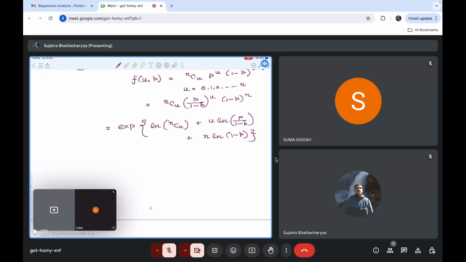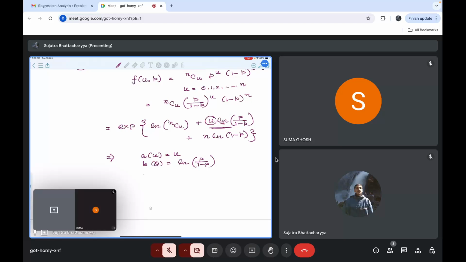Fine. Now let's see whether this A of u, B of theta, and the rest exist or not. Here, look at this term: you have a u and log of particularly this parameter p. Therefore, we can write that A of u is actually u, B of theta, which is here p, is nothing but log of p upon 1 minus p.